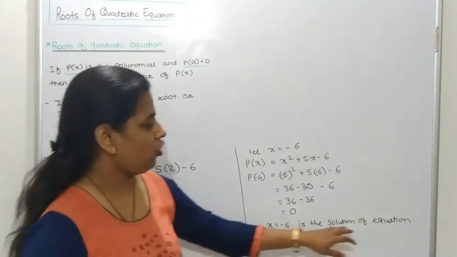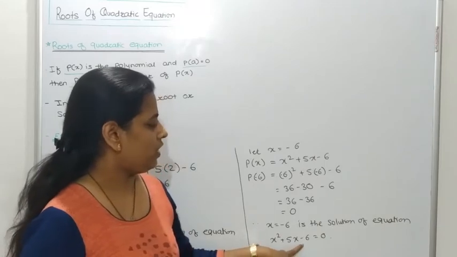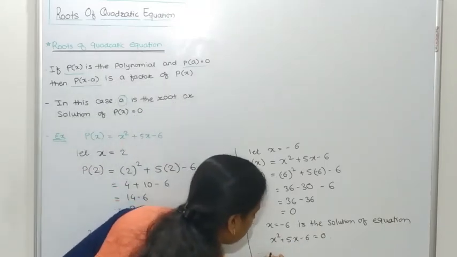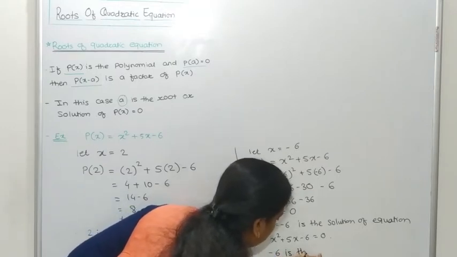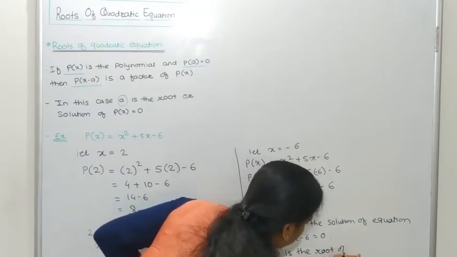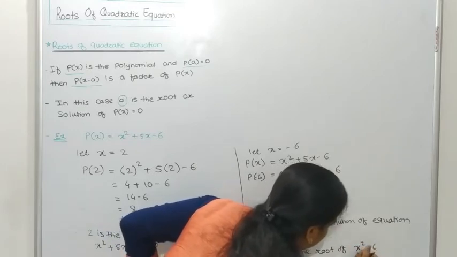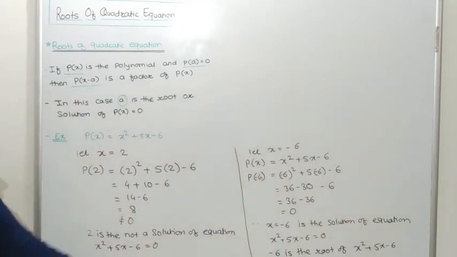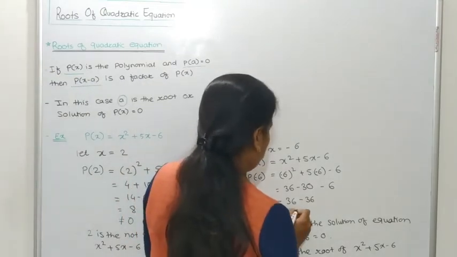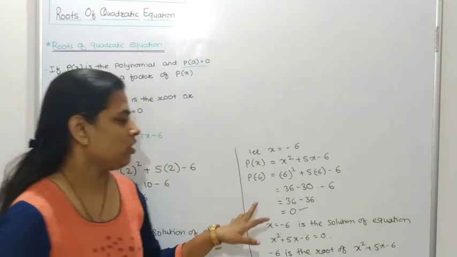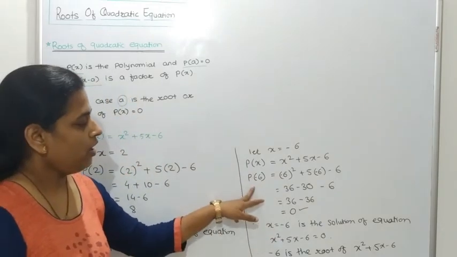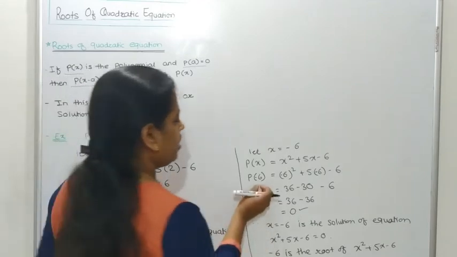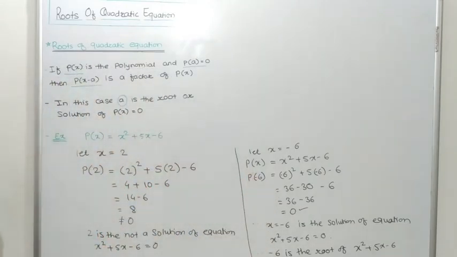So therefore we can write that minus 6 is the root of x square plus 5x minus 6. When we get p of x is equal to 0, then and only then can we say that this is the solution of the given equation, and that particular value is the root of the particular polynomial. In this way we discuss the roots of a quadratic equation.